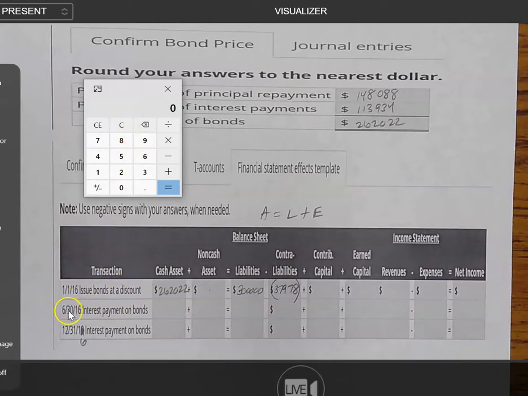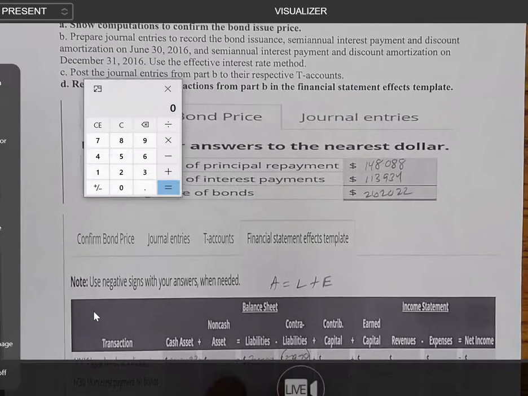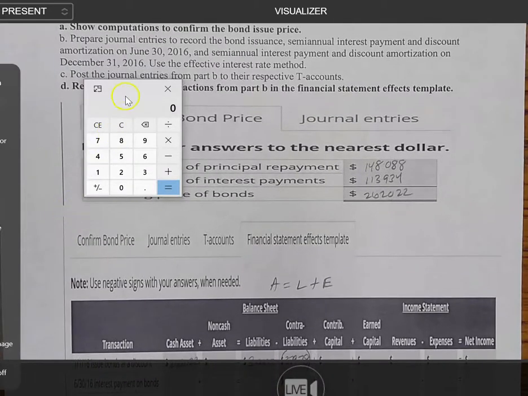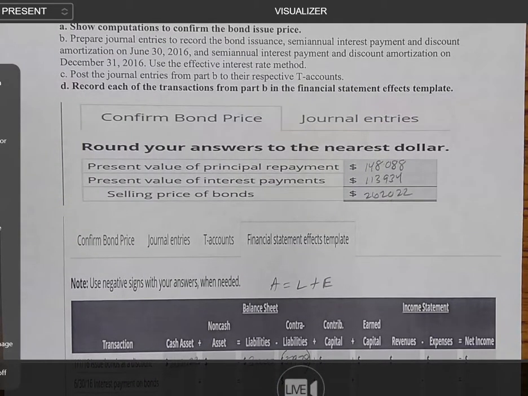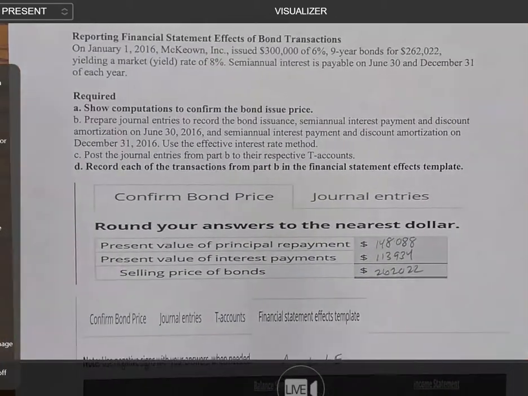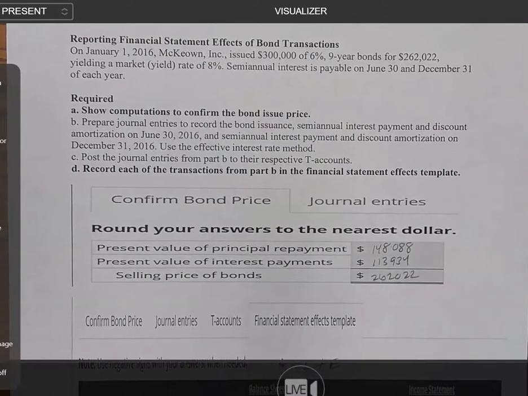On 6/30 of 2016, we have an interest payment. I may have to move the calculator out of the way for just a moment. Our interest payment is going to be whatever the cash paid is.